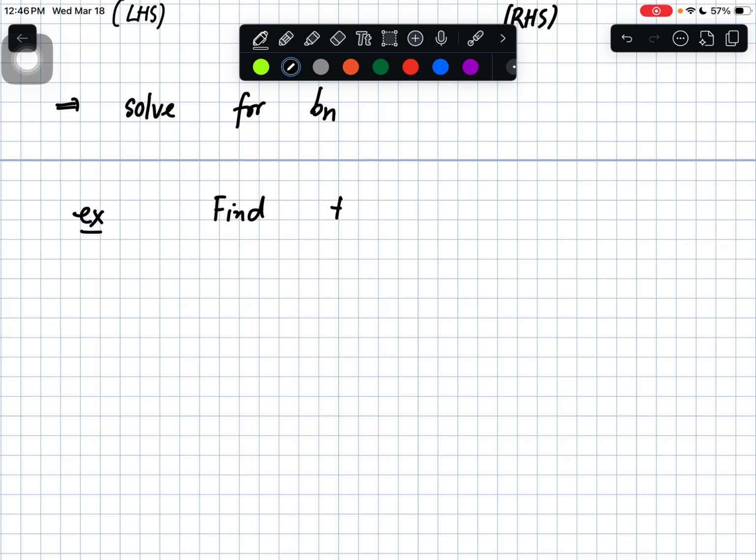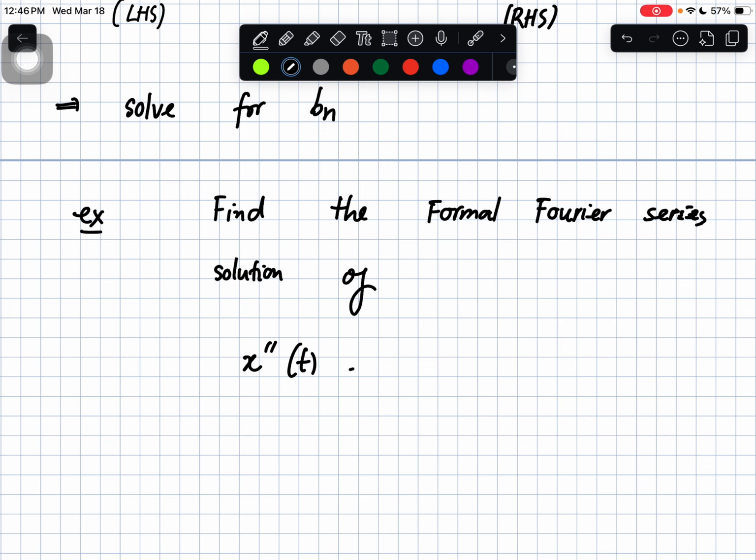Find the formal Fourier series solution of x double prime plus 2x equals 4t.